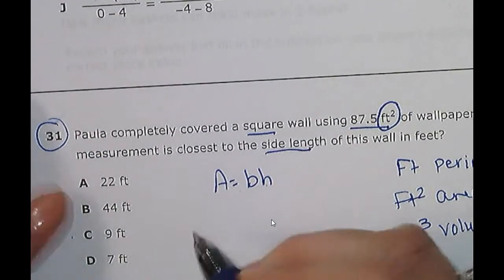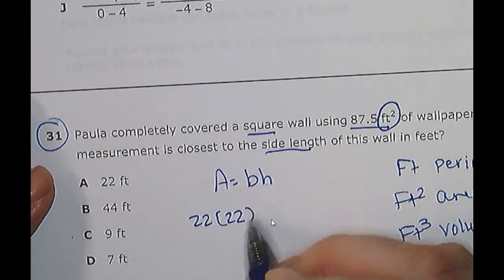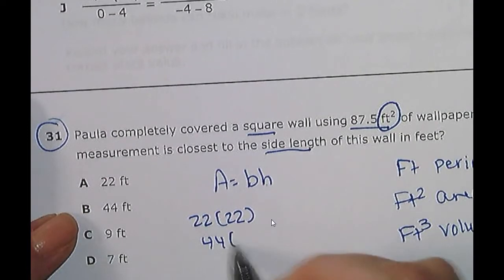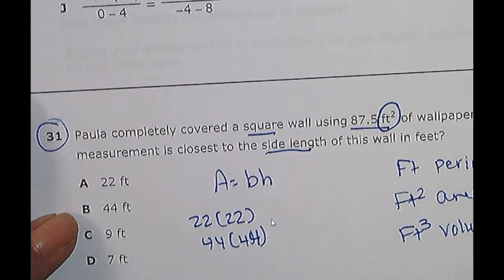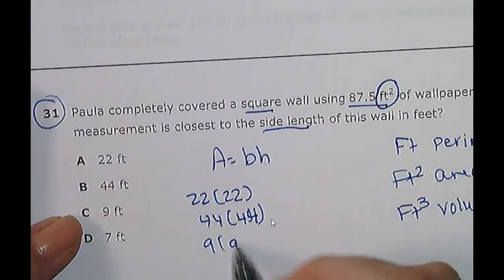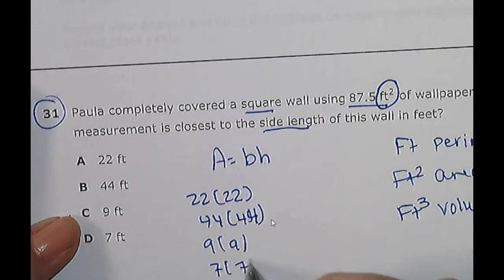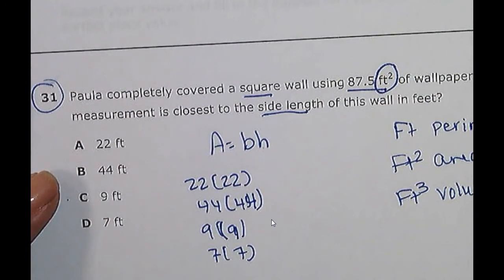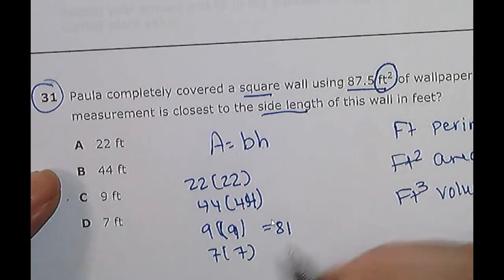Well, let's see. 22 times 22, 44 times 44, 9 times 9, and 7 times 7. Now, which one do you know by heart? I know 9 times 9 is 81. That's not bad. 7 times 7 is 49.